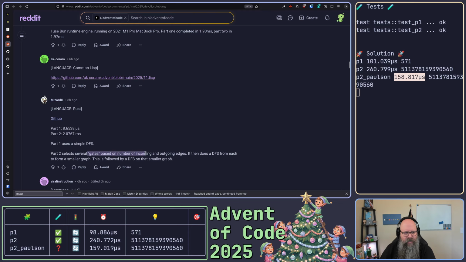You guess the high degree ones, and then you do a DFS from each of those to form a smaller graph. We've seen this before. Well, we just did, remember how we did the grid compression? Essentially, this is doing a graph compression and saying, treat these higher order nodes as big deals. And then you're really only interested in the paths between those specific ones, right?